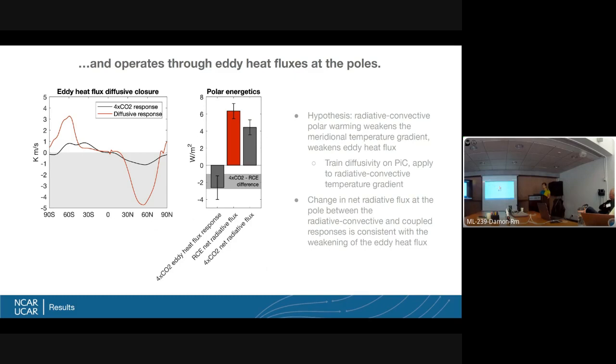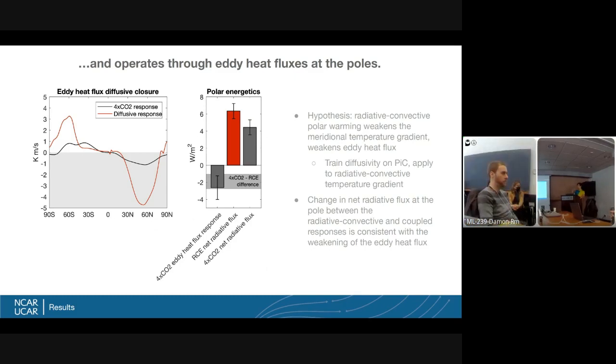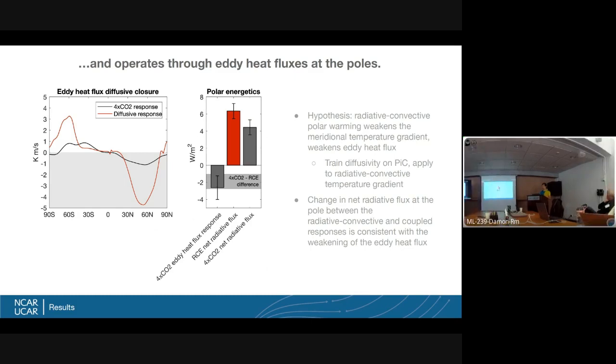And so the idea here was to say the RCE response, which is really the driving response for circulation changes, we can understand the eddy response as a diffusive response to that background driving temperature change. And so the black line here at all latitudes shows you the eddy heat flux change in the troposphere. So there's a reduction in response to 4 times CO2 here. It's a little more complicated in the southern hemisphere, and we can talk about that.